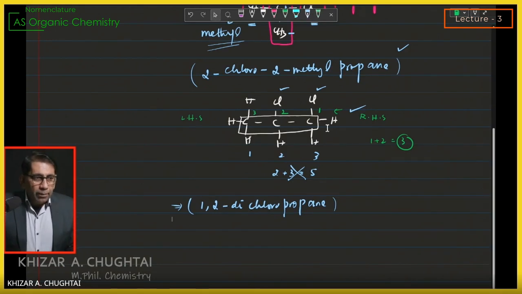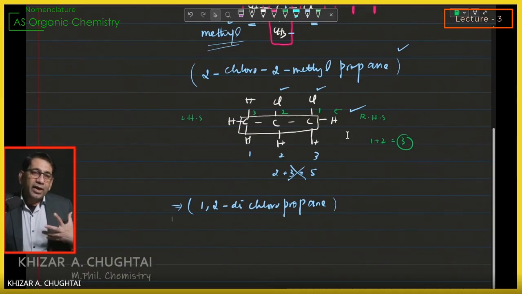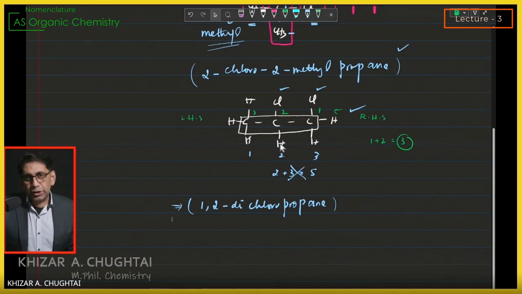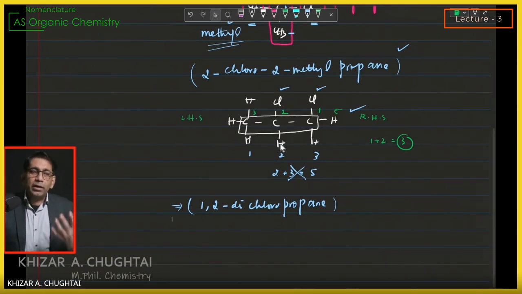This is a very important nomenclature, as far as my opinion is concerned. Whenever you are making different isomers, you will have to make the different structures of these isomers to check whether they are two same or two different compounds.